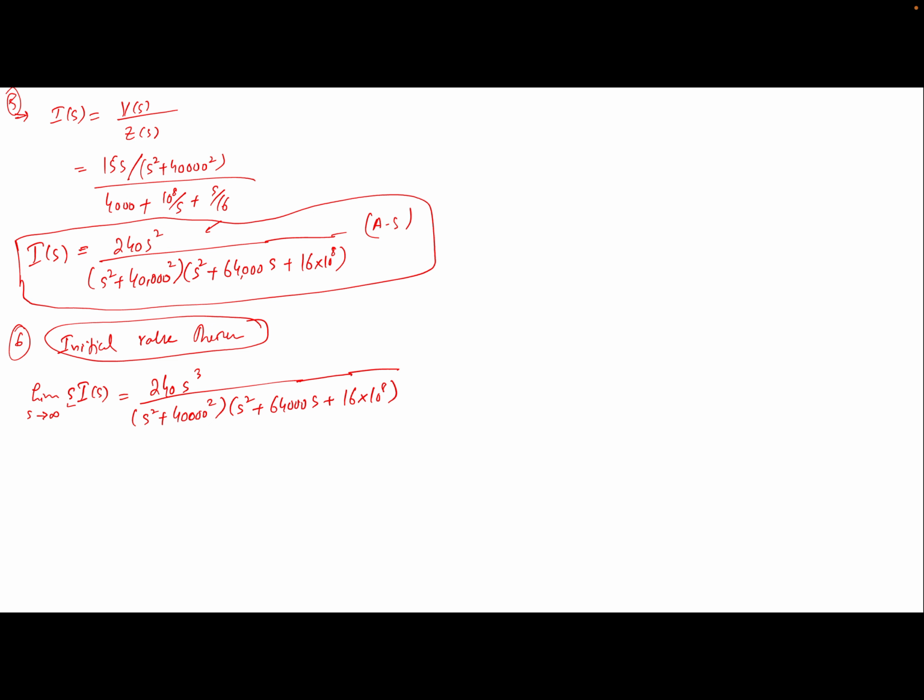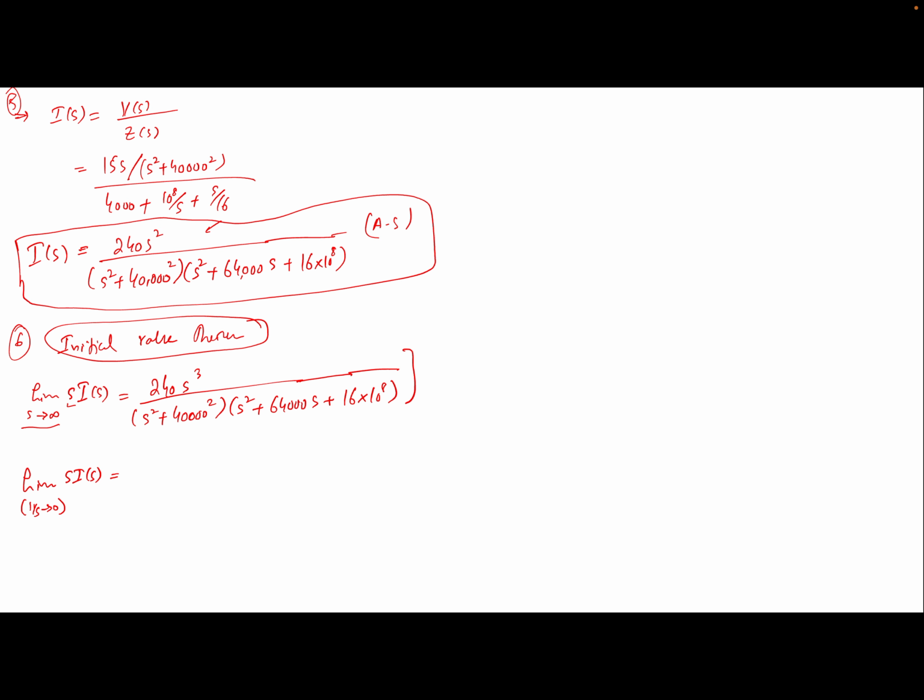Now the problem is that if I put S approaching infinity in this equation, I'm going to get infinity over infinity, so I cannot solve this. We have done this a few times now. I convert this limit, S approaches infinity, into 1 over S approaches 0 of S times I of S. In order to do that, I divide by S squared in both the numerator and the denominator.